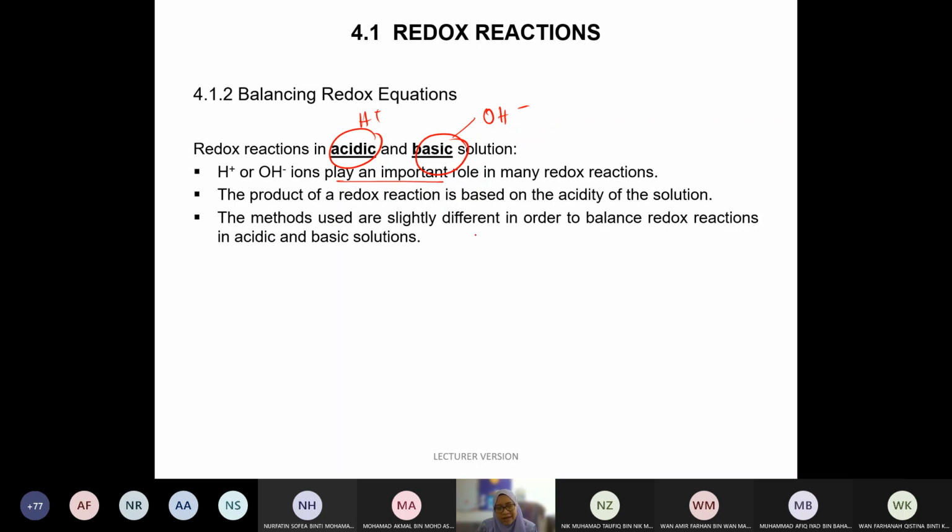The method used is slightly different, because we have to consider the acidic and basic, the H+ and OH-. But the concept and the steps are basically the same as what we had earlier. First, separate and determine which one is the oxidation and which one is the reduction.